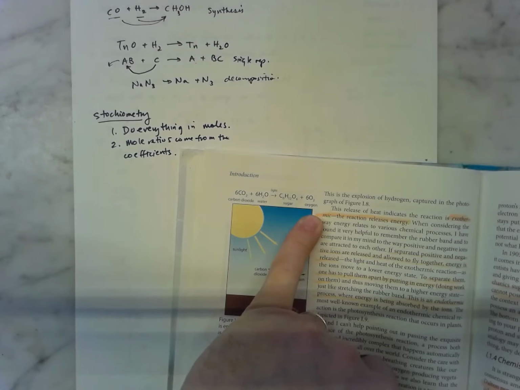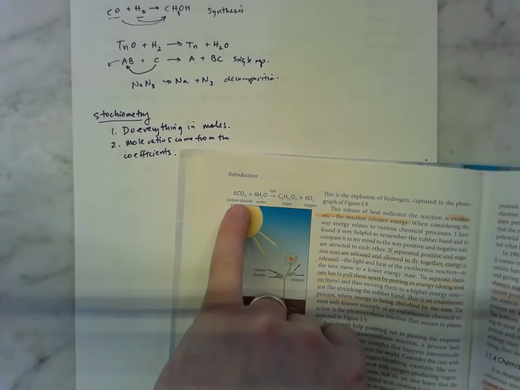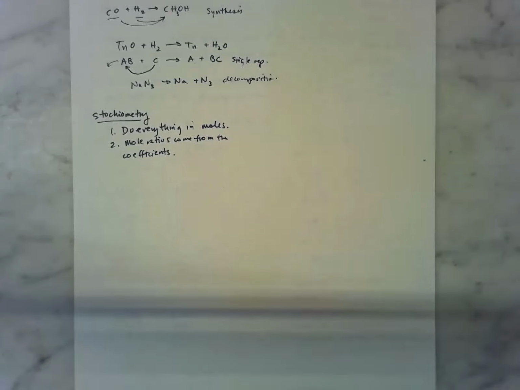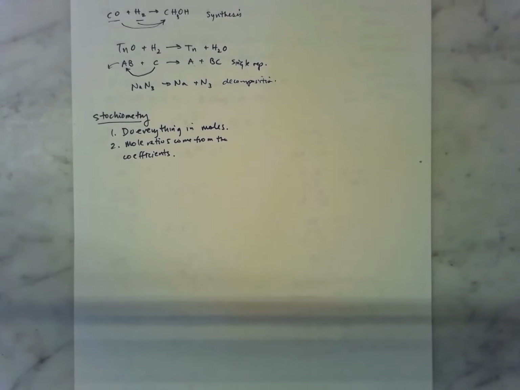So if we have so many of these, it's got to have so many of these to make 1 of these and 6 of those, or it just doesn't go. It just doesn't make enough of them. So let's dive right in and work some of these.